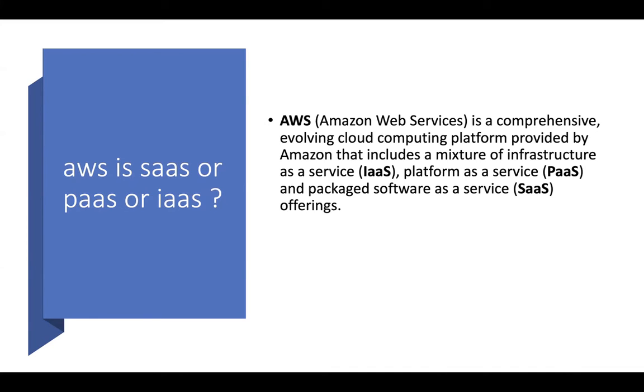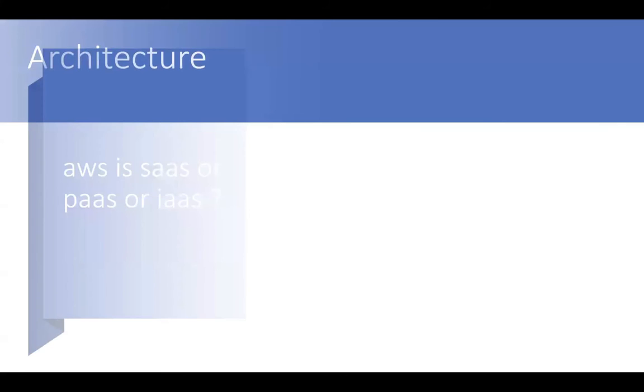So that means AWS is a combination of infrastructure as a service, platform as a service, and software as a service. These three combinations are what you use in Amazon Web Services.